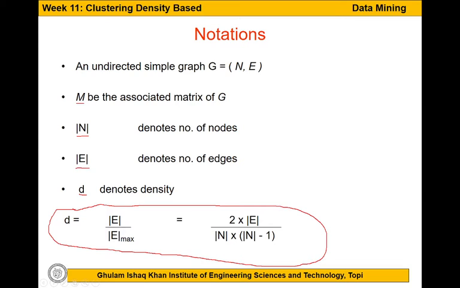For example, the density of a given graph is the number of edges multiplied by 2 divided by the number of nodes times the number of nodes minus 1. So this gives us the density, right.